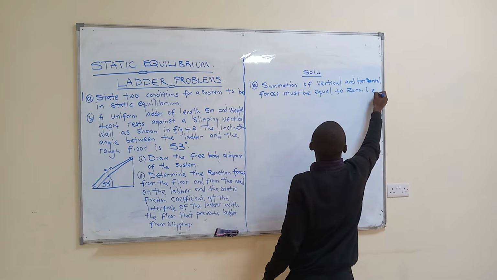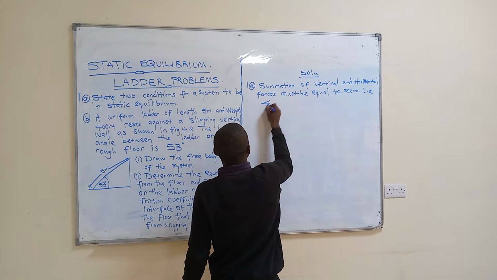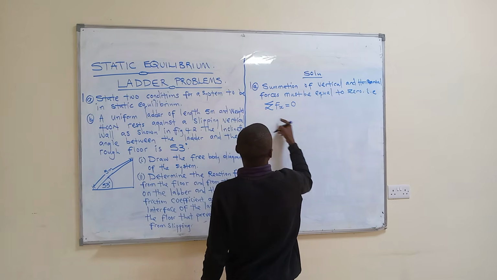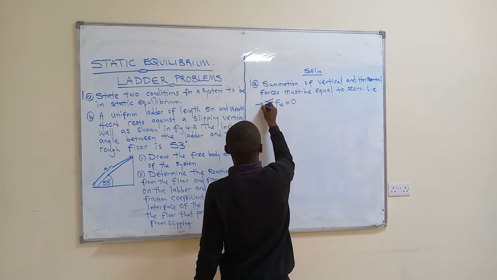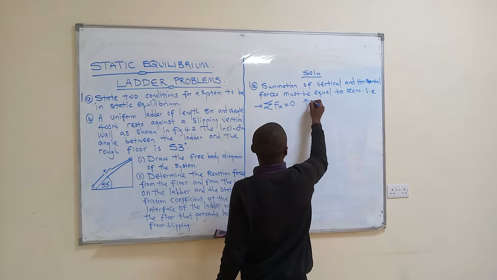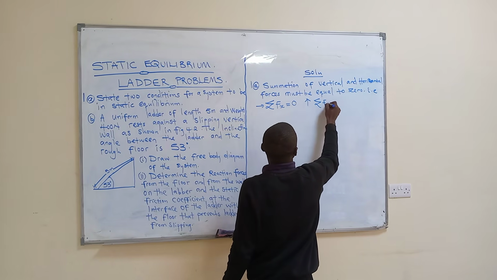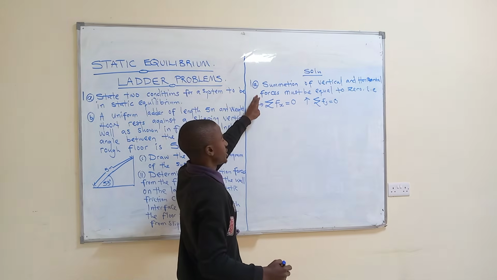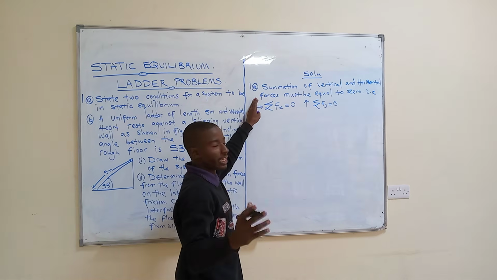That is, summation of forces in the x-axis is equal to 0. That is horizontal. Also, summation of vertical forces is equal to 0. That is the first condition for any system to be in equilibrium.